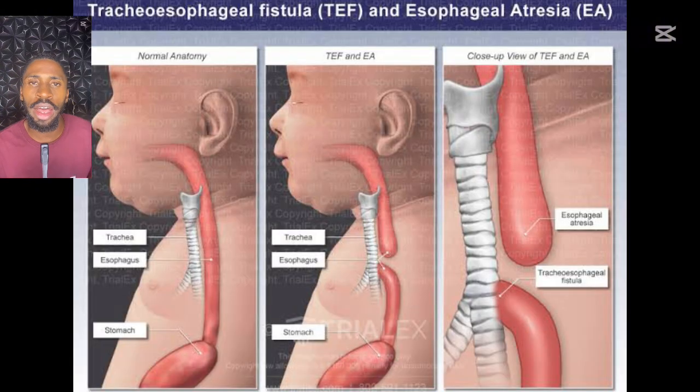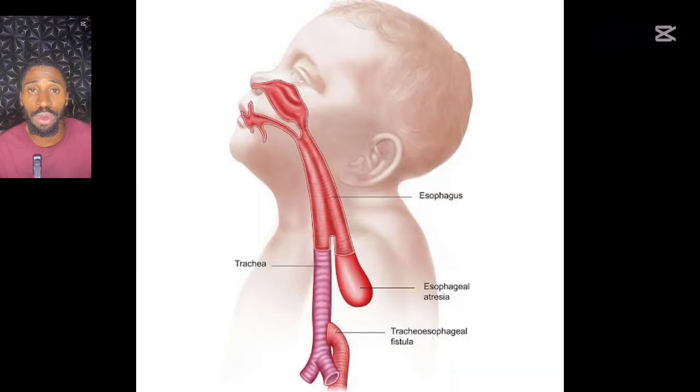The congenital malformation of the esophagus is very easy. In the congenital abnormality of the esophagus, there is what we call esophageal atresia or tracheoesophageal fistula. How can this form? It happens when there's spontaneous posterior deviation of the esophagus from the tracheoesophageal septum.